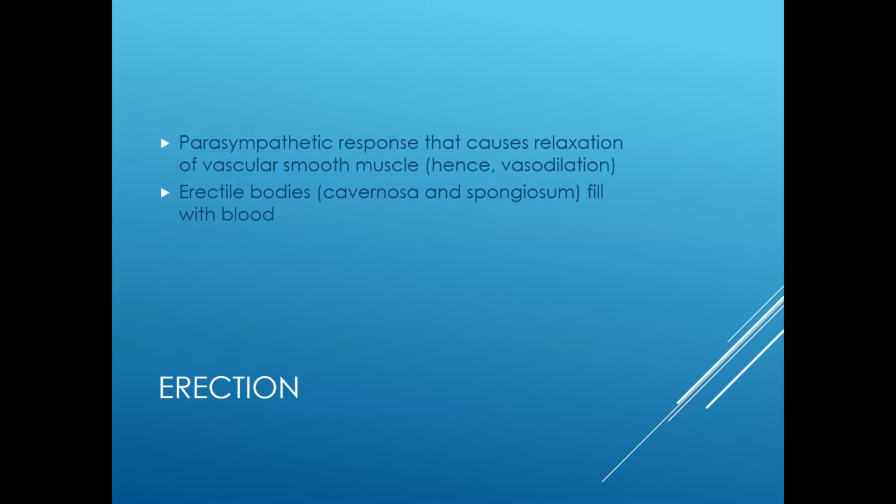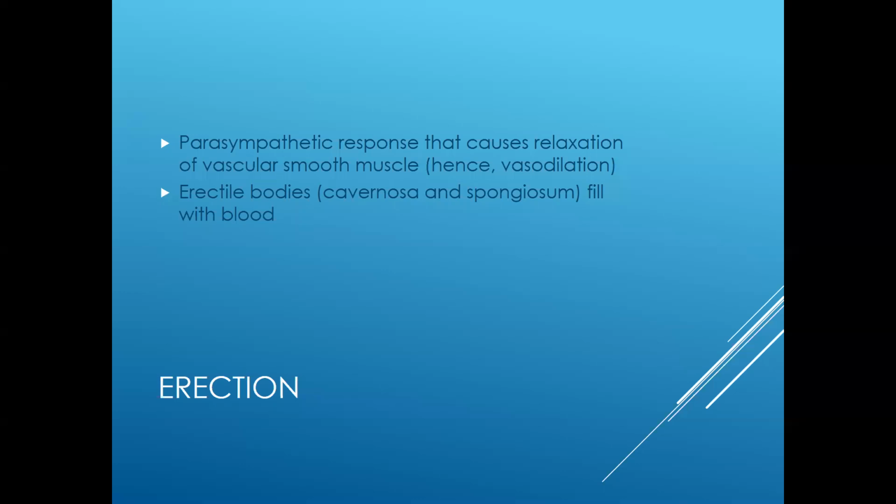All right, so how does this whole reproductive process work in males? Well, first of all, if you remember, the parasympathetic nervous system is called the feed or breed response. So here we're in the breeding part of it.